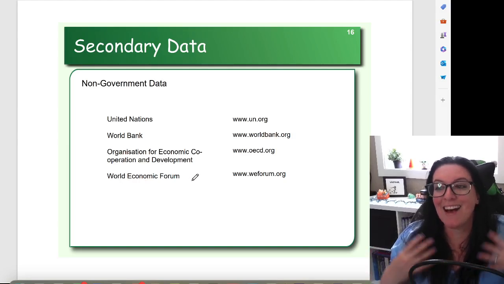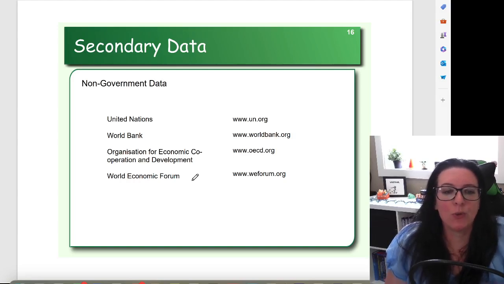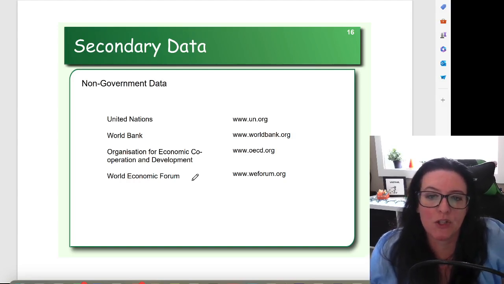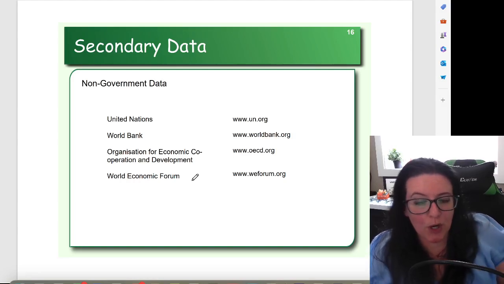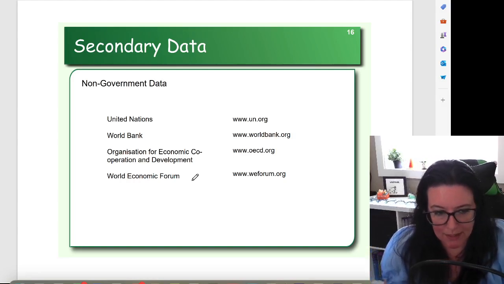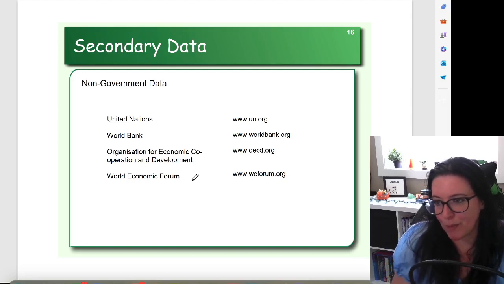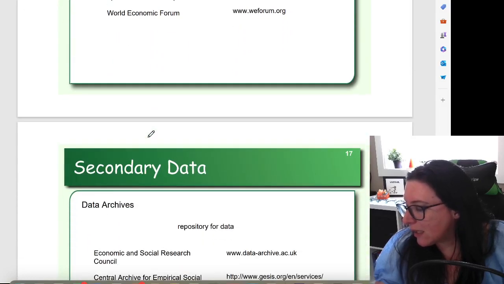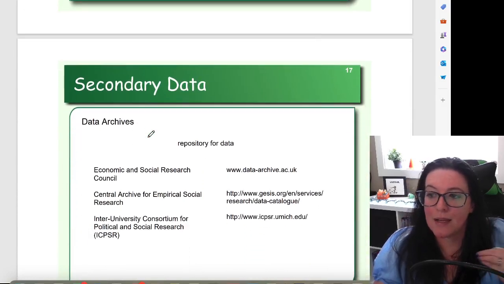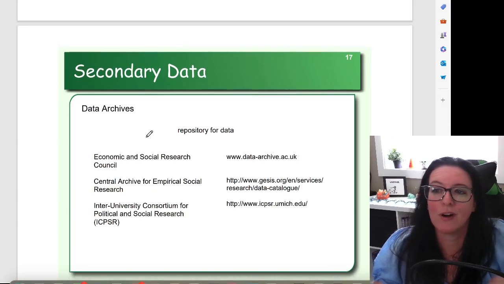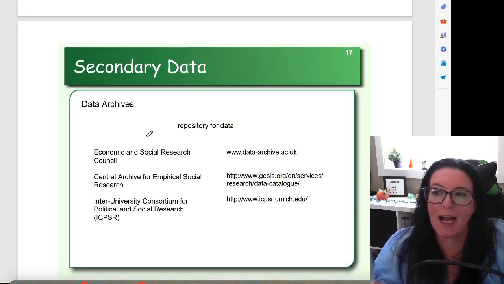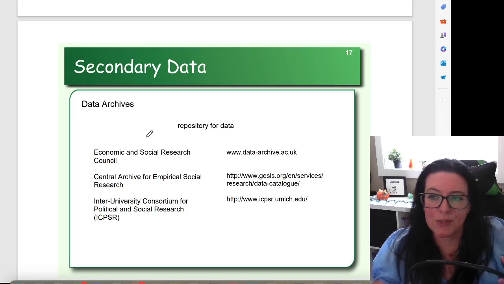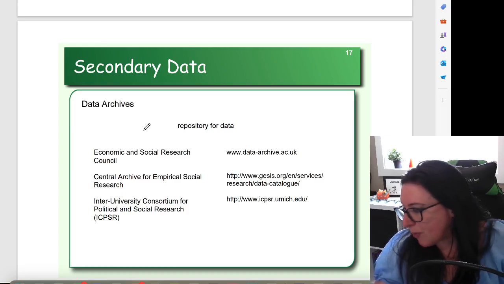All of these sites have data, and you can pull the information and analyze it for your purposes, even though it was collected for a different purpose. Okay? So secondary data analysis is the collection of data by someone else, or by you for a different purpose or at a different time, and then using that to solve your current research problem.